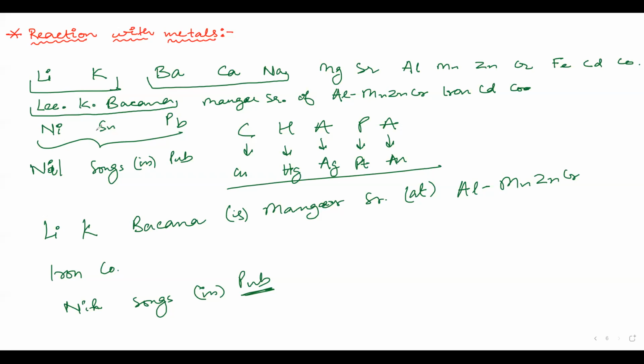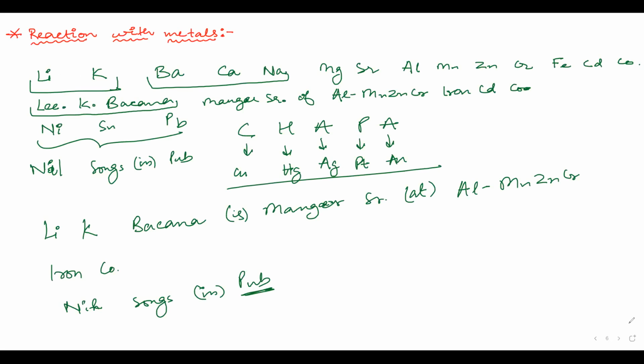Now whatever comes before Pb, you have to remember. Now see the trick. Can you show the previous slide? Please write this also. Have you guys written it? Li K Bakana is manager senior at Al Manjankar Iron Company, nil songs in pub.